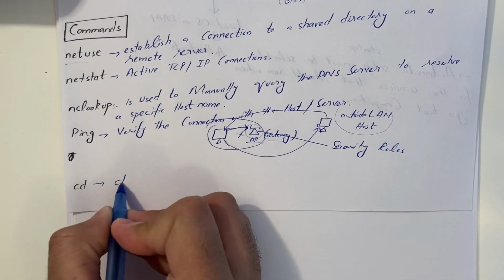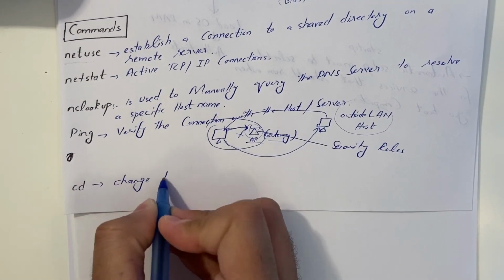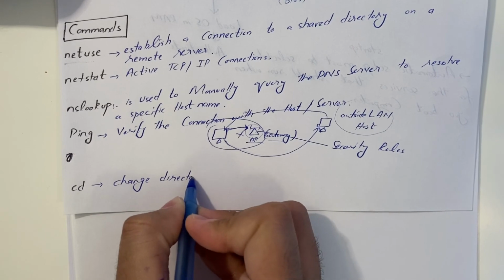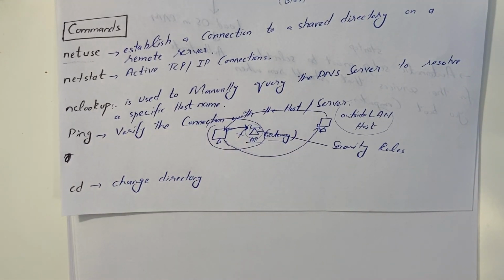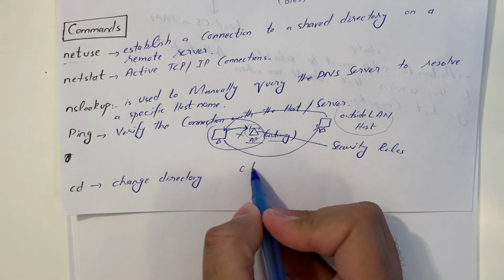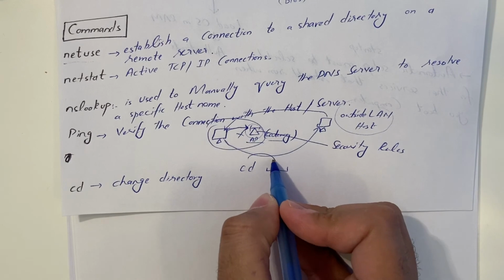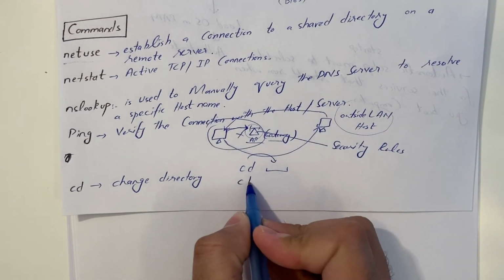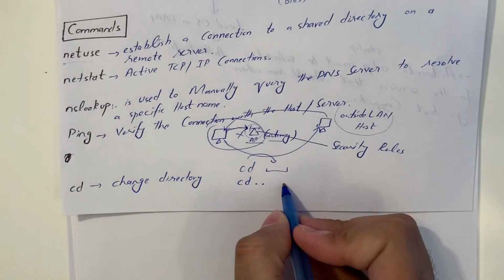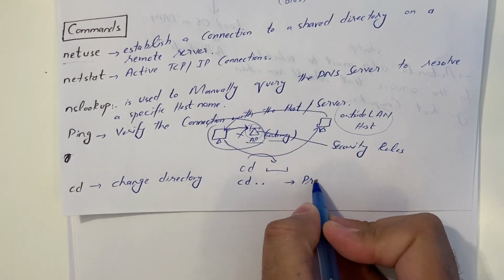CD stands for change directory. There are plenty of ways to use it. For example, if you are in desktop and you want to access a specific folder on desktop, you can type cd and the name of the folder, and you can get into that folder. If you type cd two dots, it means you are going to the previous directory.